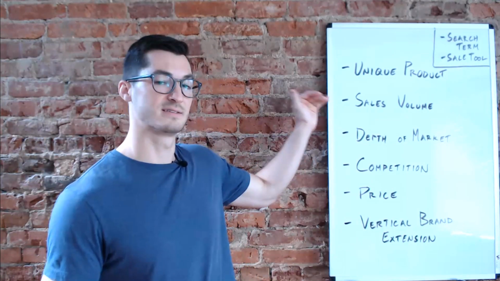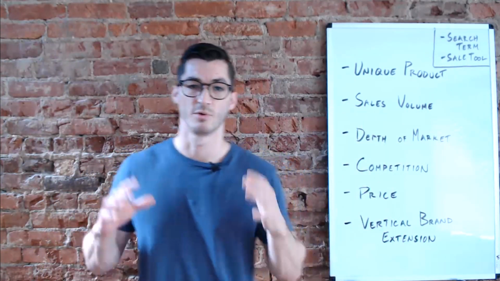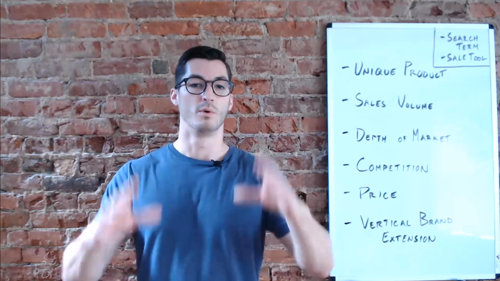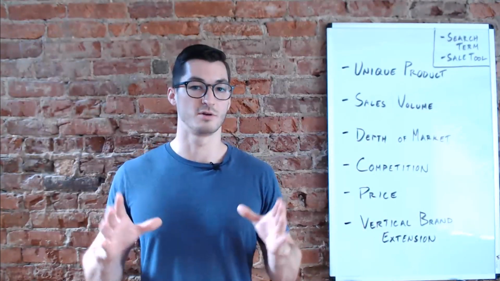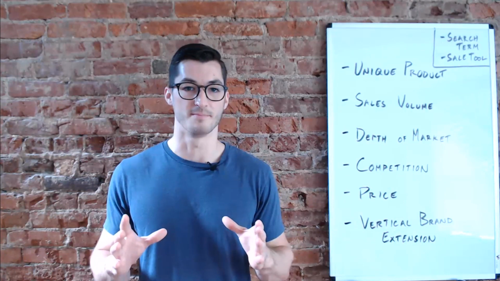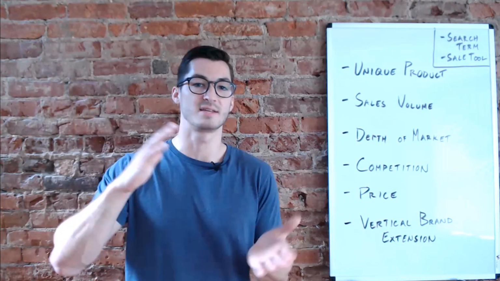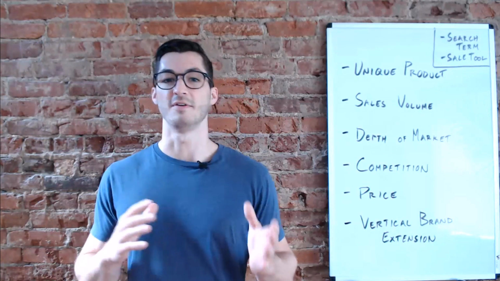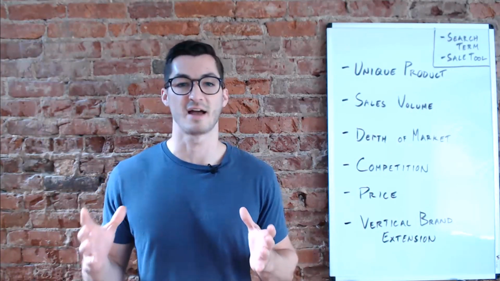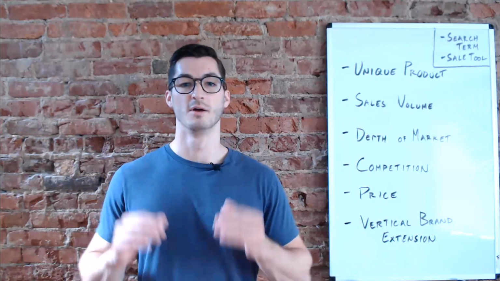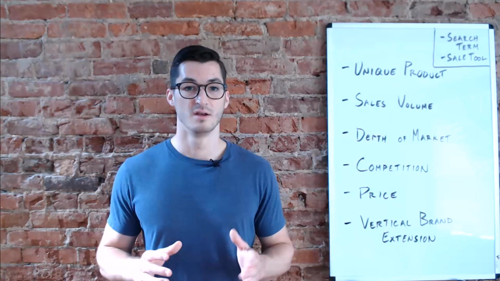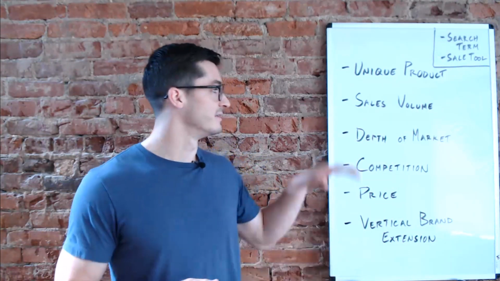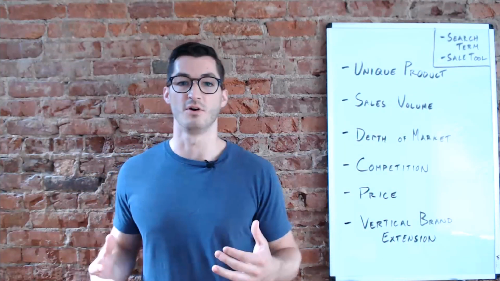Next on the list is sales volume. What do I mean by sales volume? When we're evaluating a niche product category, do the top 7 to 10 sellers have a total of 1,500 to 5,000 units being sold per month? If the answer is yes, then that is a good sales volume.